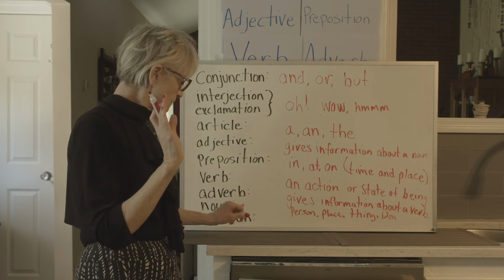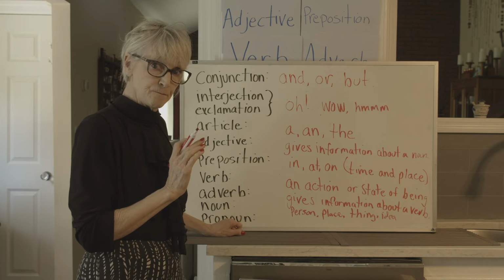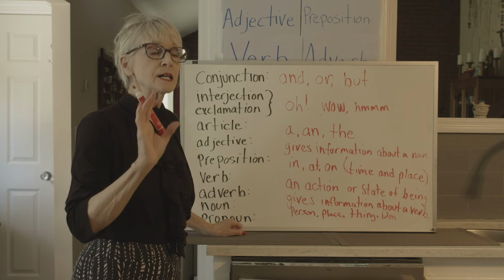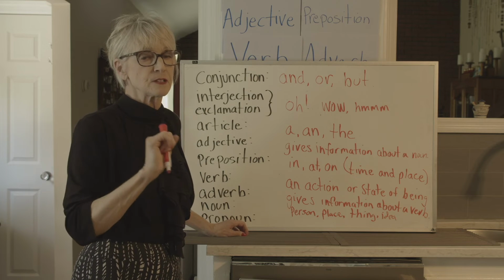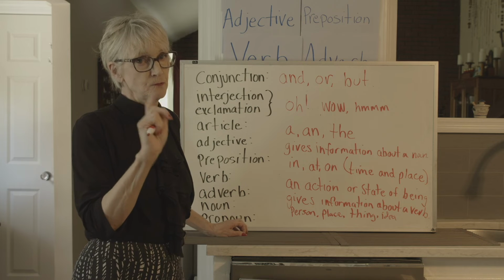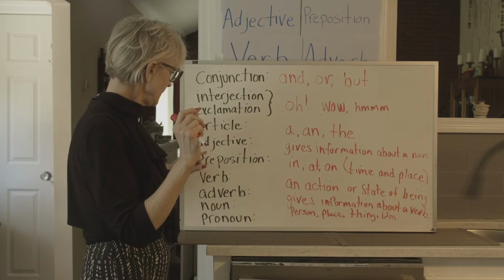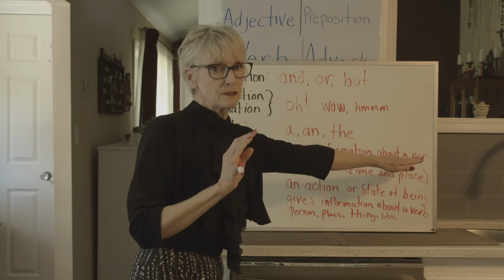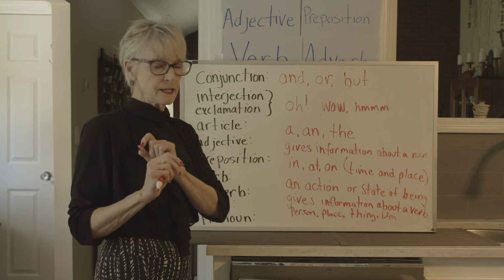So I've taken the pronoun he and used it in place of Glenn. My husband is something a little bit different. That's a possessive adjective. We'll talk about that later. That would go here because it's giving information about a noun, but we'll talk about that later.